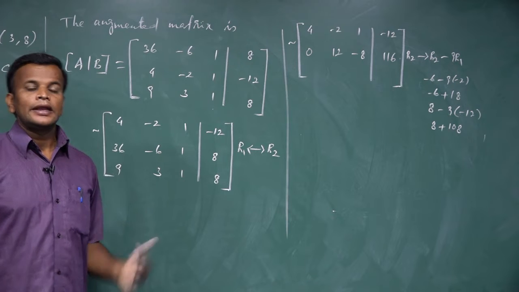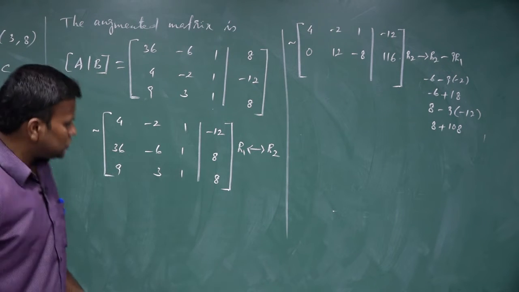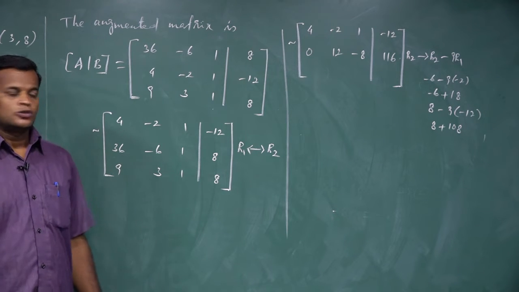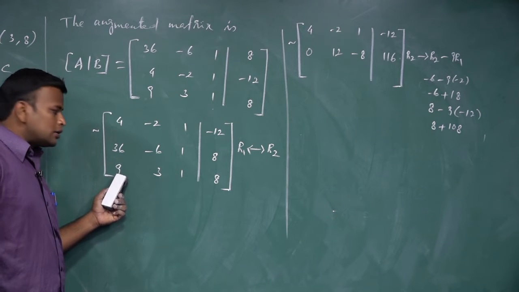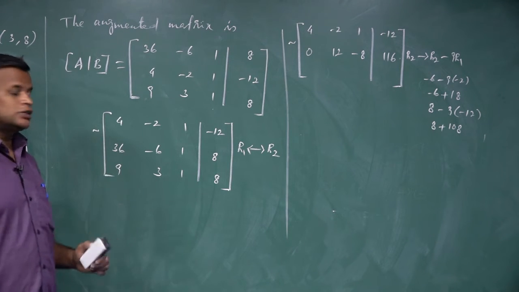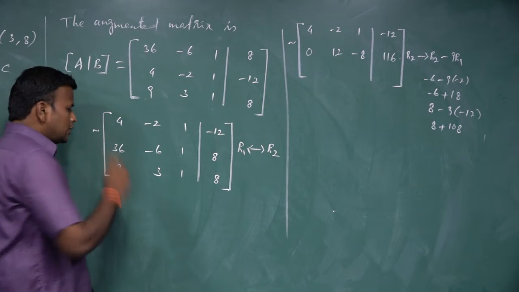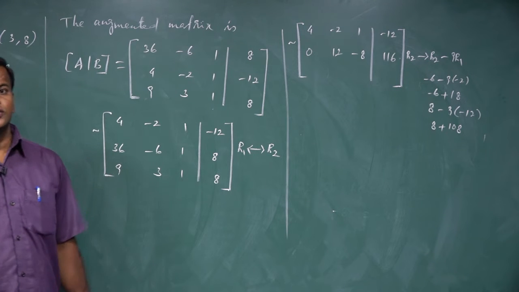Okay. The next step is to convert that element, this element, also to 0. So we will take R3 as R3 with R2 or R1, it is your choice. But it is easy, we will consider the second row and third row, because 36 and 9 have one common table.